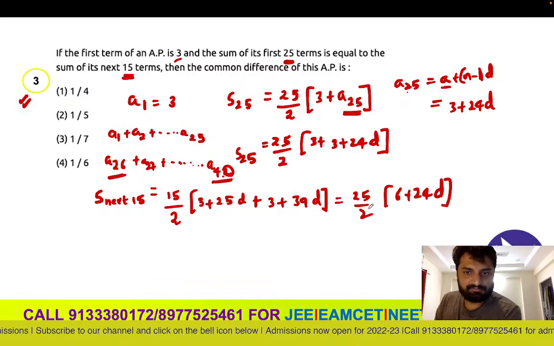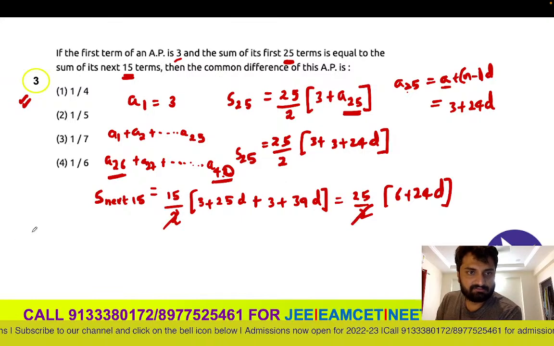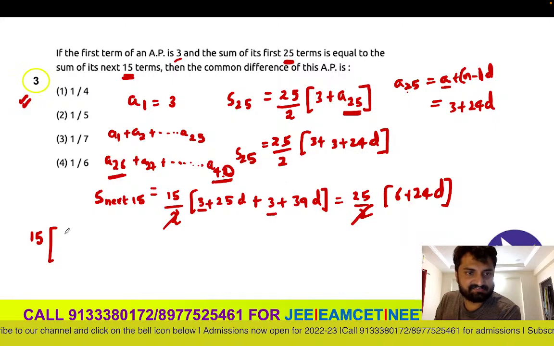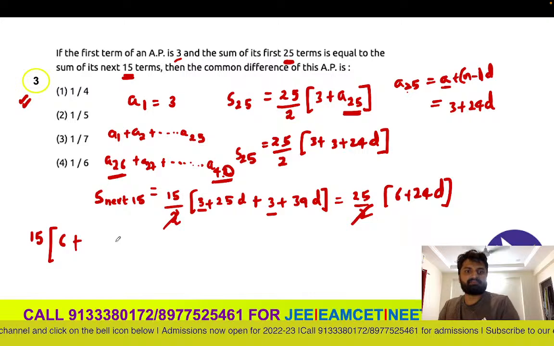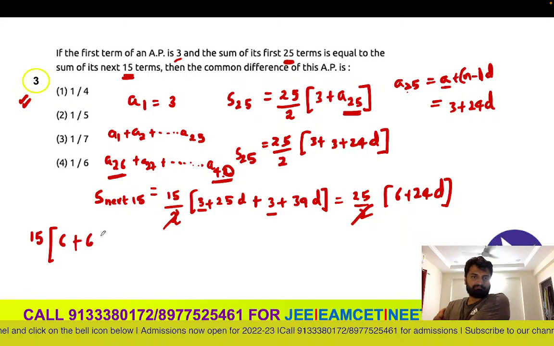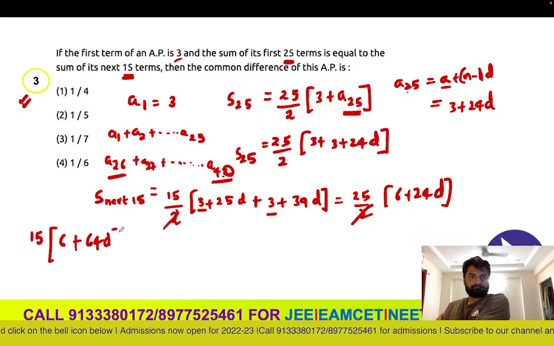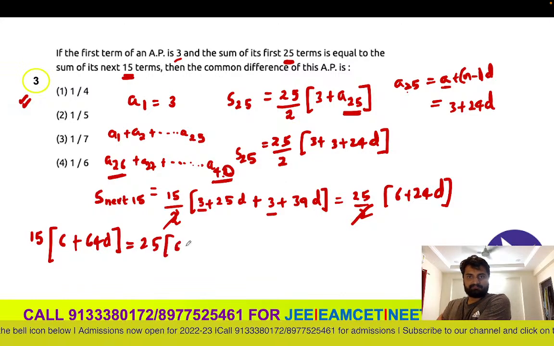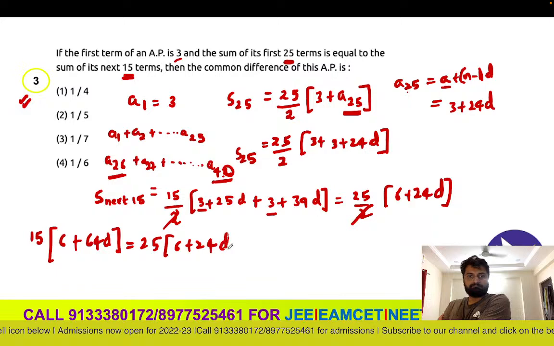If I just want to simplify, 2 to cancel, I can write 15 times 3 plus 3 is 6 plus 25 plus 39 is 64. This is 25 times 6 plus 24D.